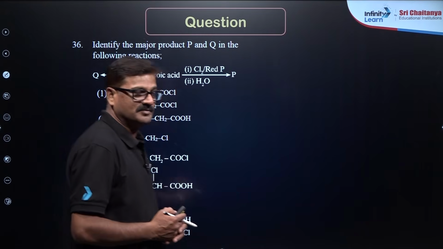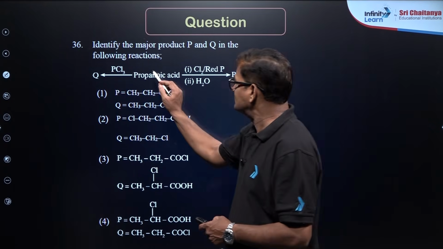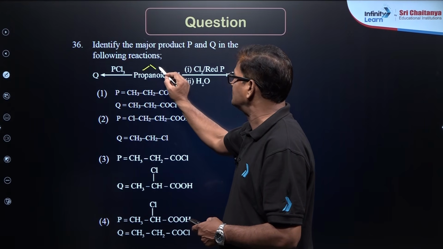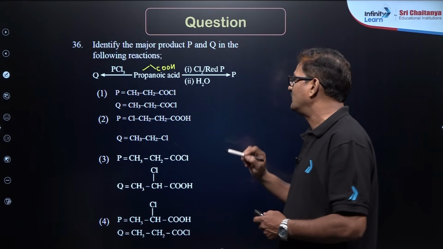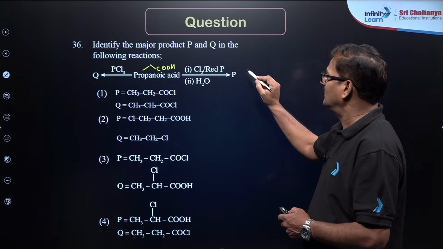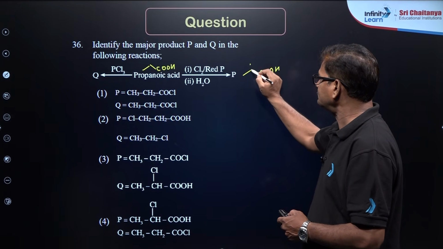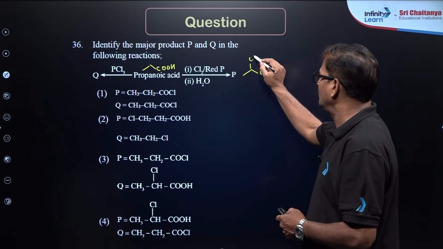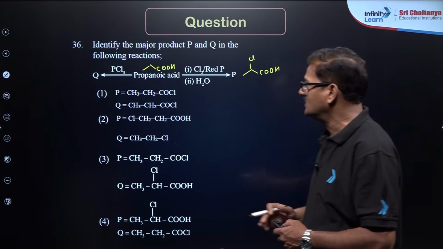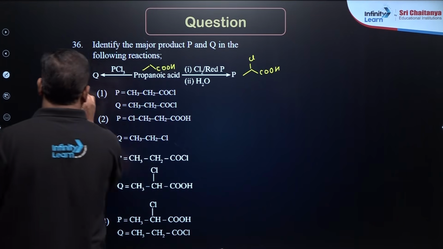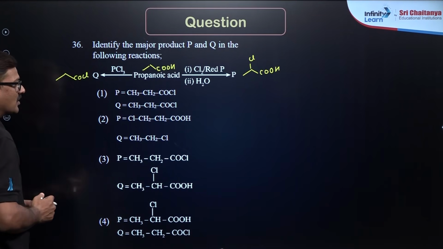Identify the major products P and Q in the following reaction. This is your propanoic acid, CH3CH2COOH. When it is treated with Cl2 and red phosphorus, it gives the Hell-Volhard-Zelinsky reaction. P is going to be the HVZ product, 2-chloropropanoic acid. And propanoic acid with PCl3 gives COCl, propanoyl chloride.